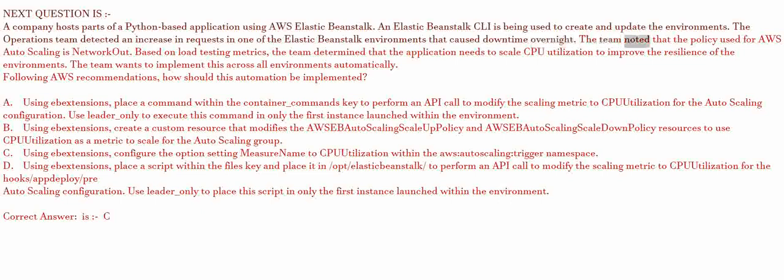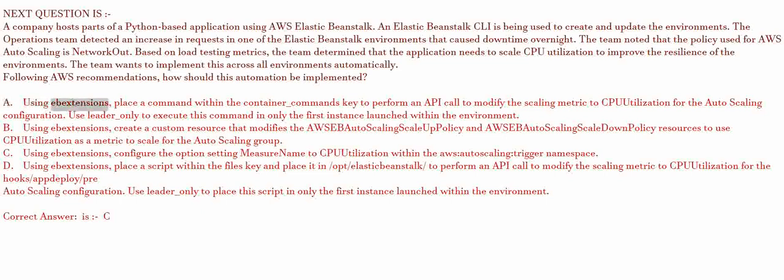The team noted that the policy used for AWS auto-scaling is network out. Based on load testing metrics, the team determined that the application needs to scale on CPU utilization to improve the resilience of the environments. The team wants to implement this across all environments automatically. Following AWS recommendations, how should this automation be implemented?